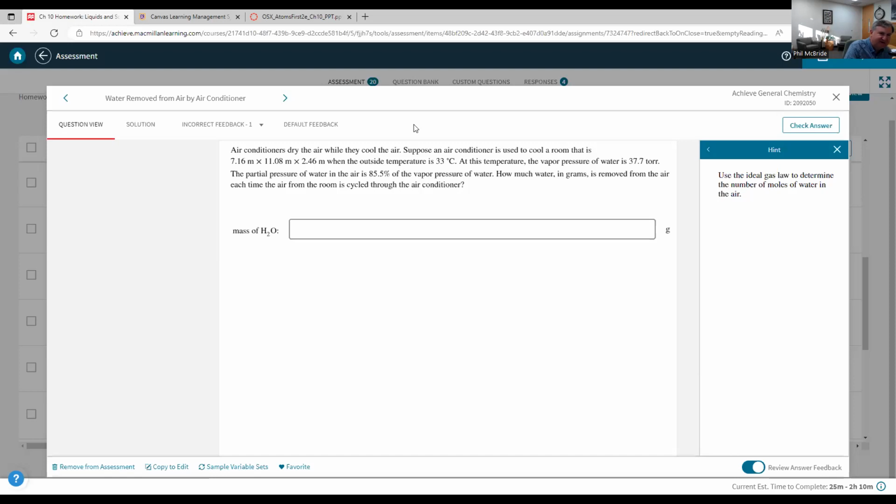You remember how to find the volume of a cube? Length times width times height, right? Yes, length times width times height. And we know the length, the width, and the height of this problem: 7.16 meters by 11.08 meters by 2.46 meters.